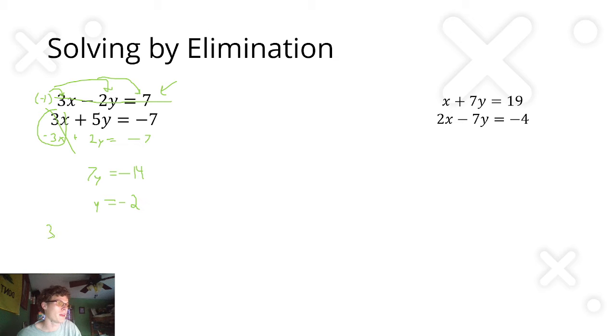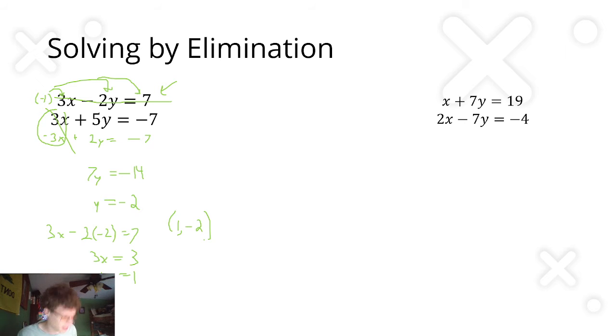So 3x minus 2 times negative 2 equals 7. That means positive 4, so subtract 4 from both sides. 3x equals 7 minus 4, which gives me 3. x equals 1. So my correct answer is 1, negative 2.